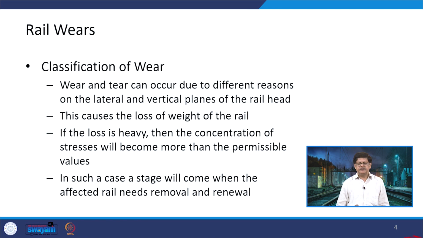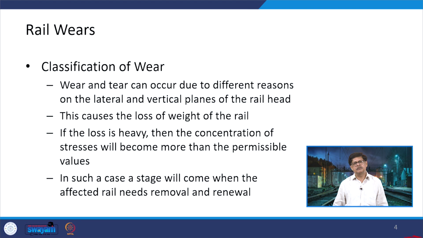Now the wear and tear happens due to different reasons which we have already talked about. We talked about the various loads which come on top of the rail head. We talked about the conditions in terms of curves or sharp curves where there is lateral movement of the wheels and the flanges hit the side of the rail head, or there may be more rubbing action at the top of the rail head, or it can be due to acceleration, deceleration or braking conditions.